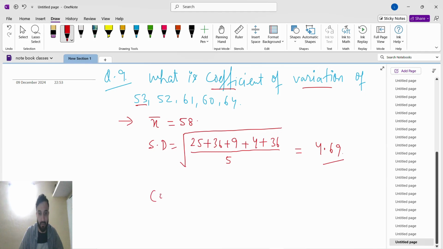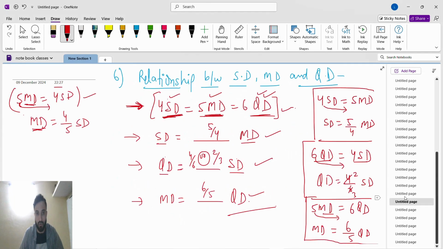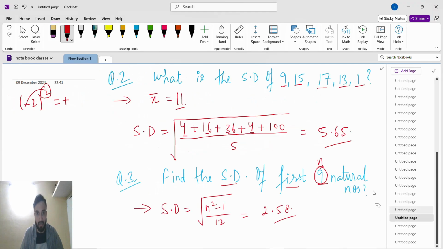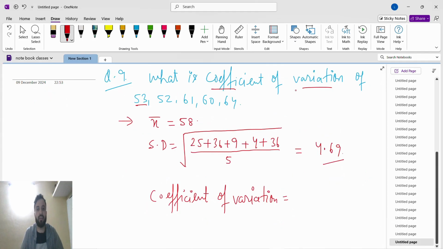Then the last thing is you have to find the coefficient of variation. Whether they say coefficient of variation or coefficient of standard deviation, both are the same. Till now we know how to find the standard deviation: first we find the mean, then the standard deviation. Here we just have to find the coefficient.